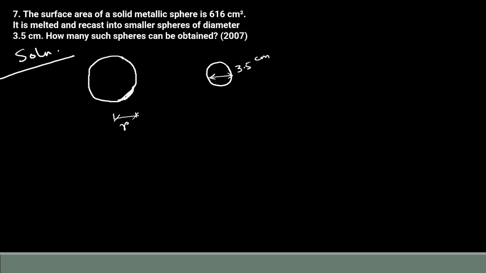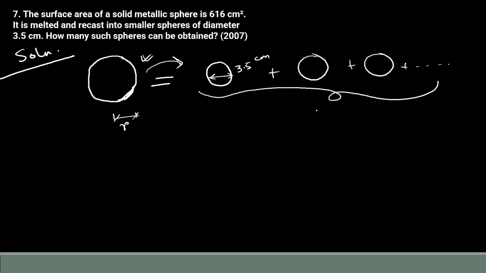Basically this bigger sphere is getting converted into many such small spheres, and we need to know how many such small spheres are equal to this big sphere.